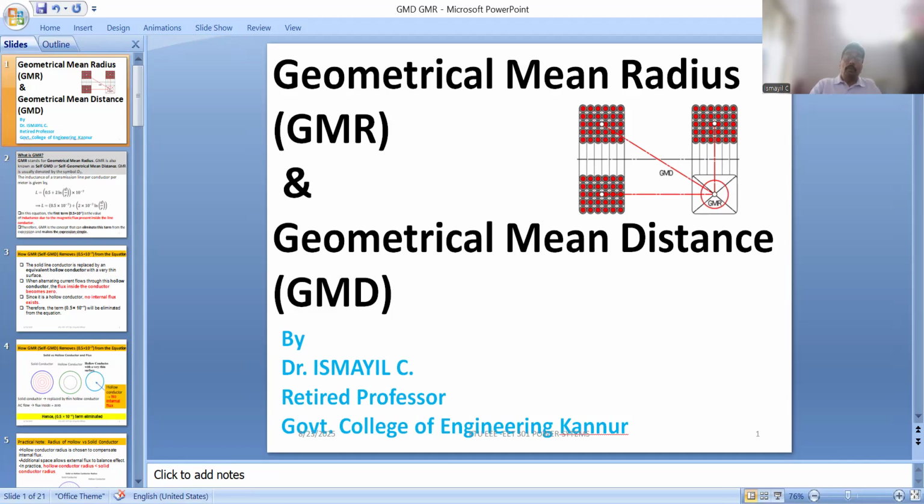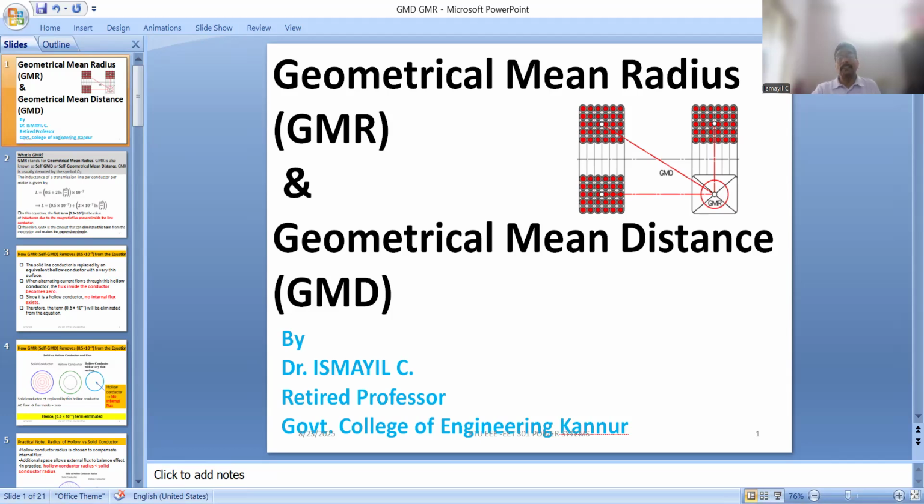Actually, the first part represents the inductance of the transmission line due to the magnetic flux present inside the conductor. So, by using the concept of GMR, our aim is to eliminate this term from the expression.